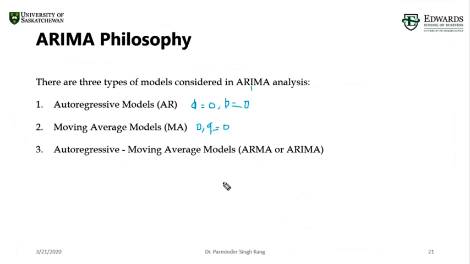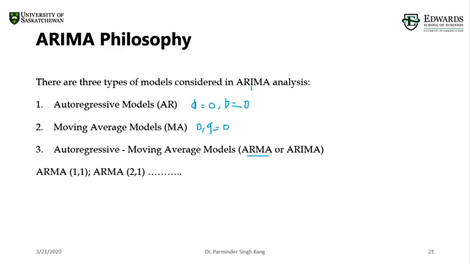The third type of model is an ARIMA model with no integrative component, in which case your time series is already stationary. So if D is 0, you can have ARIMA, let's say 1 1, ARIMA 2 1, and there are infinite number of possibilities, right? As we increase the values of P and Q, your model becomes more and more complex.